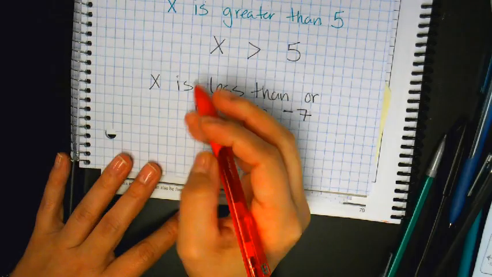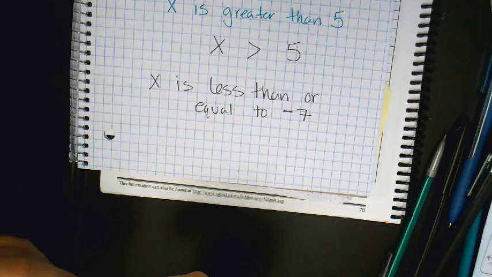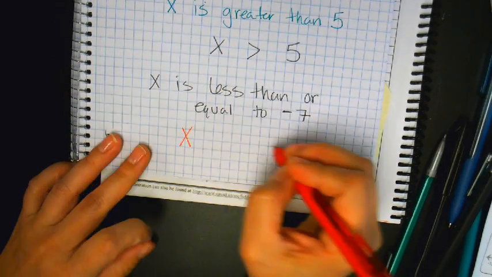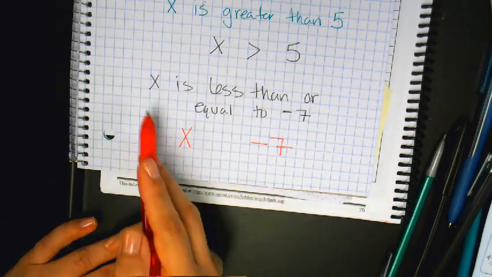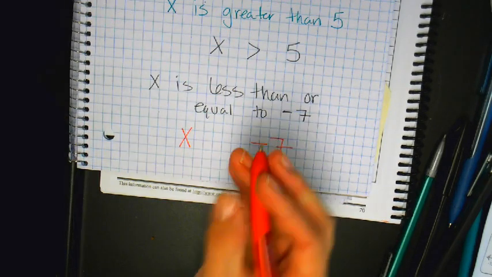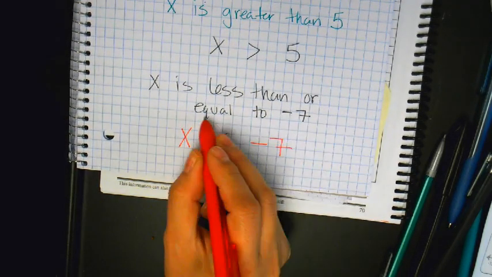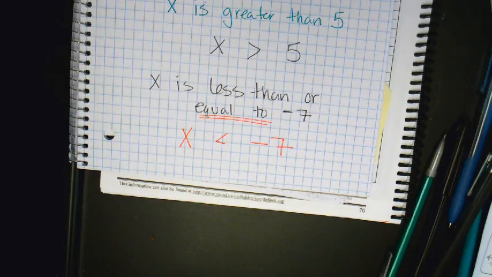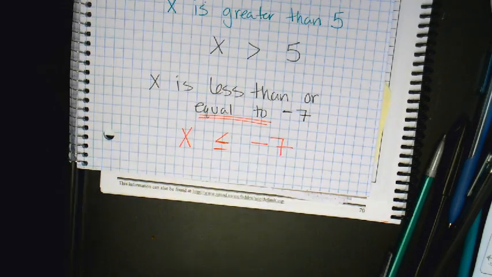Yeah, so you have X, you have -7, right? Now it says less than or equal to. So what is the alligator eating? The -7. And the equal to part, what do I add? Little line. Are we okay with level 0.1? Okay.